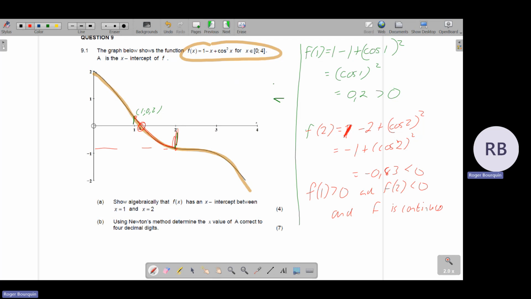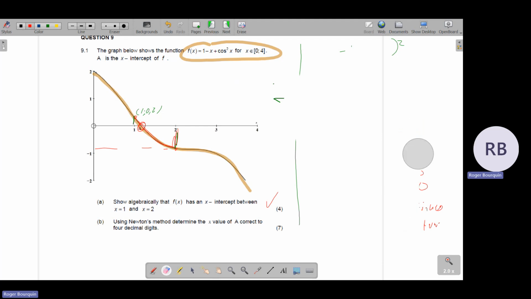So f is continuous, and so you're going to say therefore there's an x-intercept in the interval. So that answers that question. One boundary is a positive y value, one boundary is negative. Mention that it's continuous, and you're done. Quite a common question. So even if you didn't have a graph, you'd know that there must be an x-intercept in that interval.